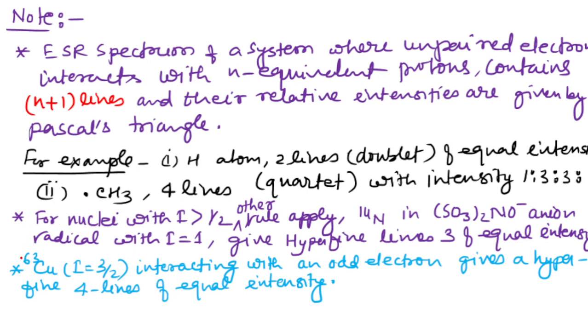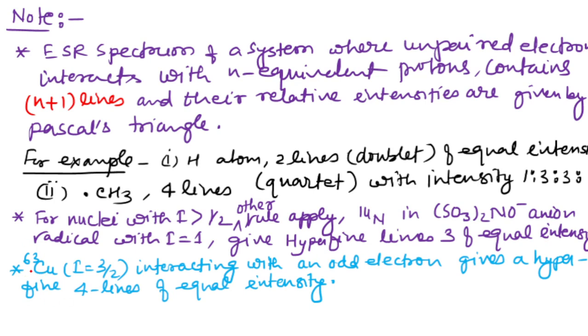The last two points are very important. For those nuclei whose I value is greater than half, other rules apply. Here, nitrogen has an even mass number. In this case the I value is 1 and it gives hyperfine lines, 3 of equal intensity.